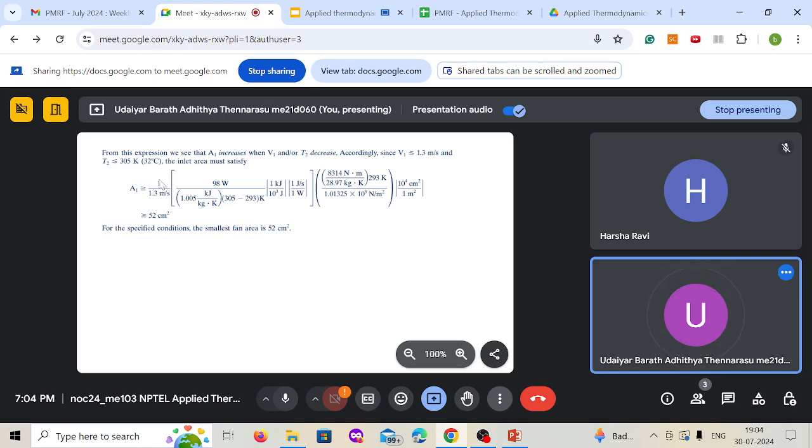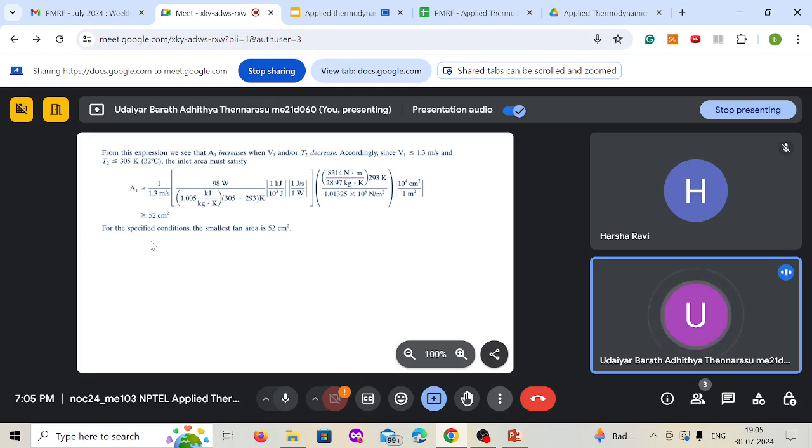here, V is 1.3 meters per second, and you know the W energy which you are supplying, and you know Cp. Assuming inlet is 20 degrees Celsius and outlet is 32 degrees Celsius, and substituting the corresponding pressure and temperatures, you will find that area 1 should be greater than or equal to 52 centimeters square.